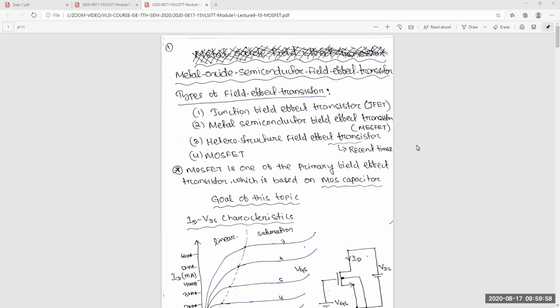And also we have talked about the fixed charge, QF, and how the flat band voltage changes due to that. These things we have already discussed, and we have derived all the equations.